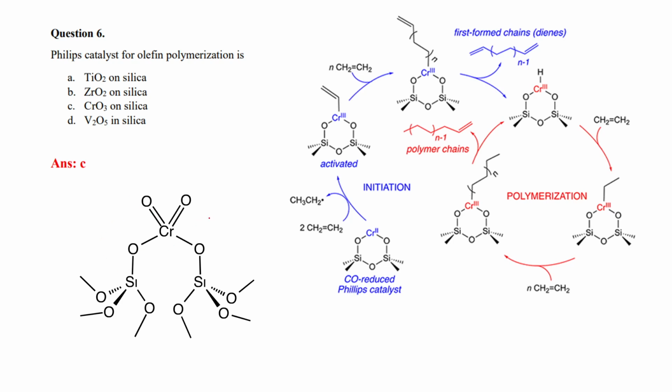Now let's look at how polymerization happens here. At first, it's activated like this, and this is the Phillips catalyst, chromium 2. Then olefin is inserted. Now it becomes chromium 3, and then propagation happens that way. And chromium 3 is now detached with beta hydride elimination. First the chain forms, so a diene will be forming.